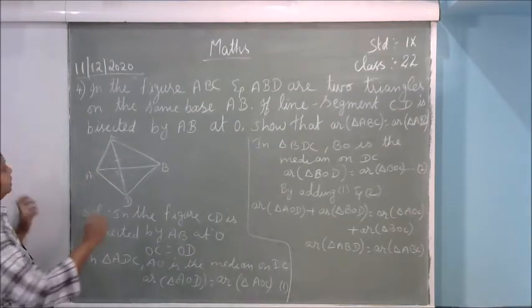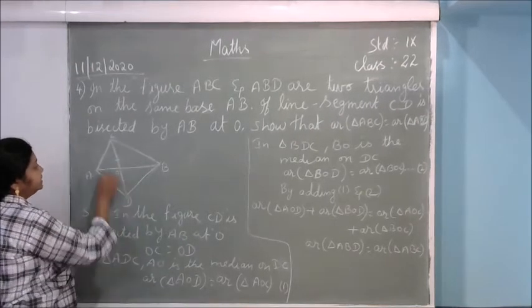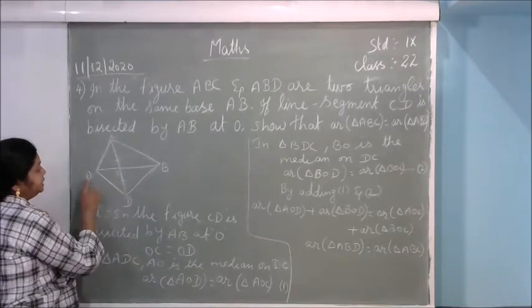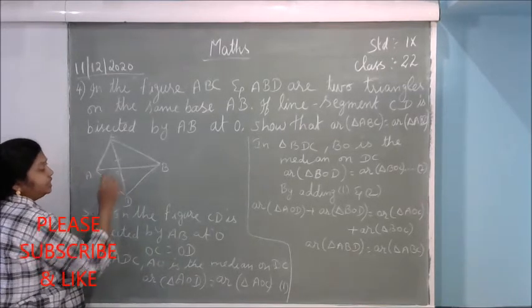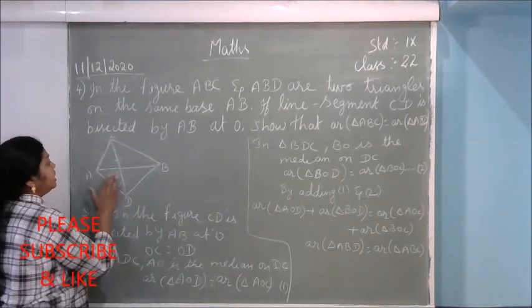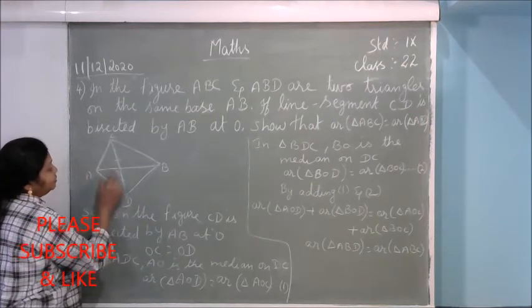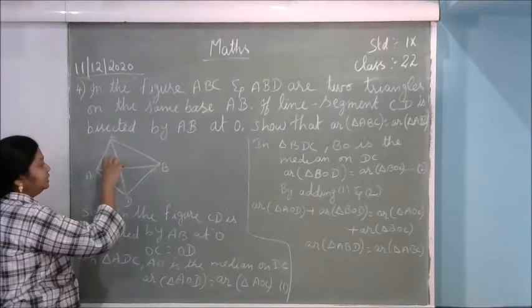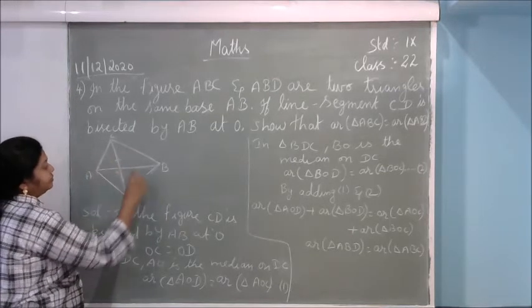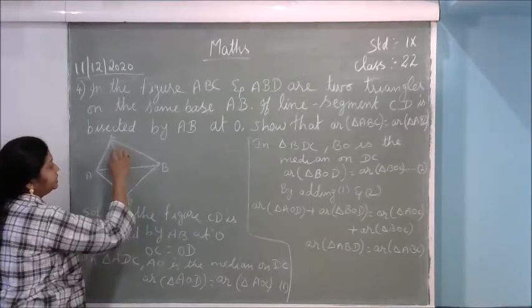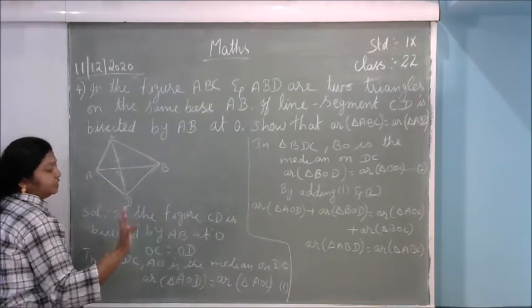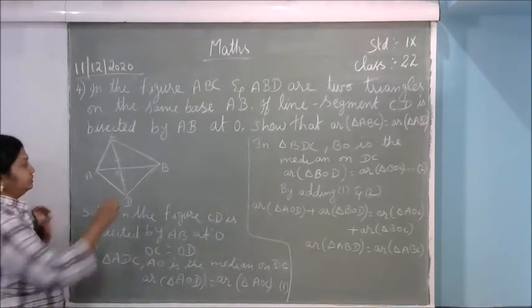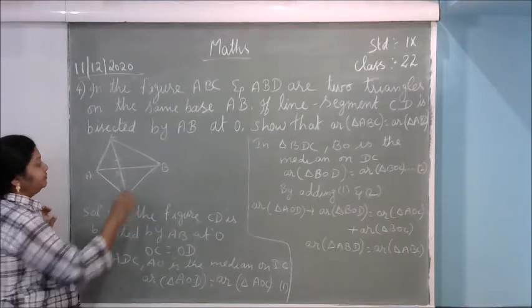Again, I will tell. First, you have to take this triangle CDB. In that, you have to prove AO is the median, and therefore AOD and COA have equal areas. Next, take this portion, and BO is the median for that.